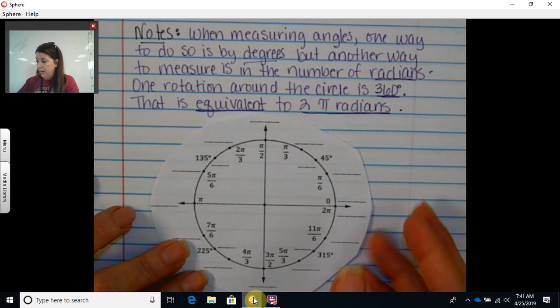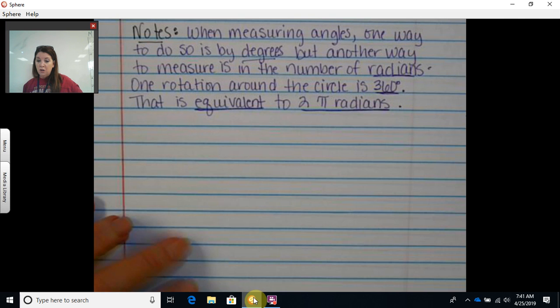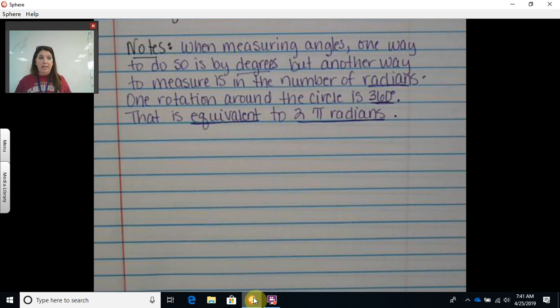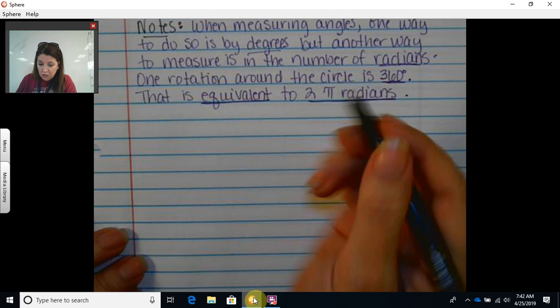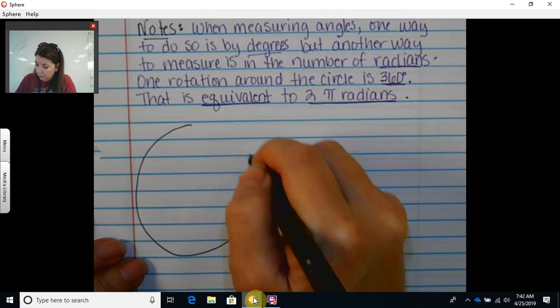All right. So we need to know how to convert from radians to degrees and degrees to radians. So first thing we're going to do, what is the radian measure at 180 degrees? Well, let's draw us a quick little unit circle.